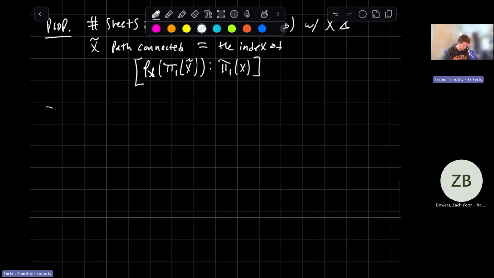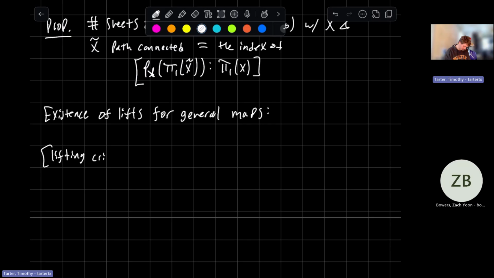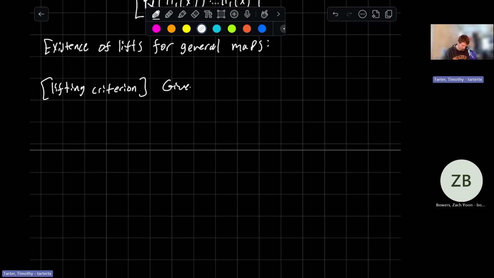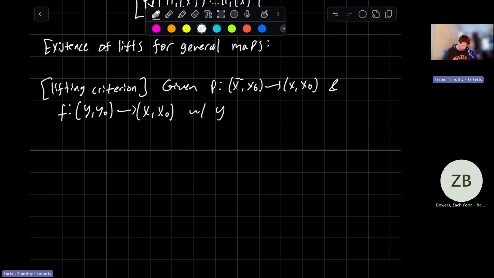For the existence of lifts for general maps, given a covering space and a map f from y, with y path connected and locally path connected, we'll switch colors.